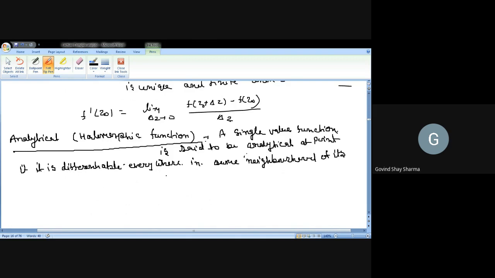That means, let me explain: a function f(z) is called analytical at z0 if we take an interval z0 minus delta, z0 plus delta, where z0 is part maybe or not.